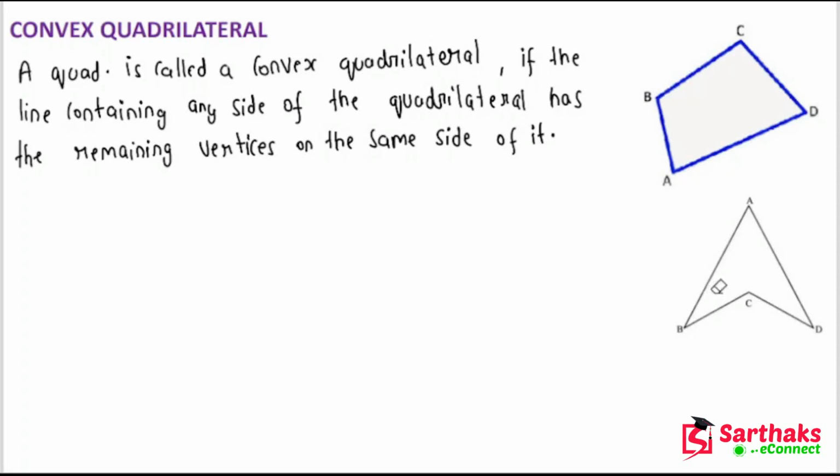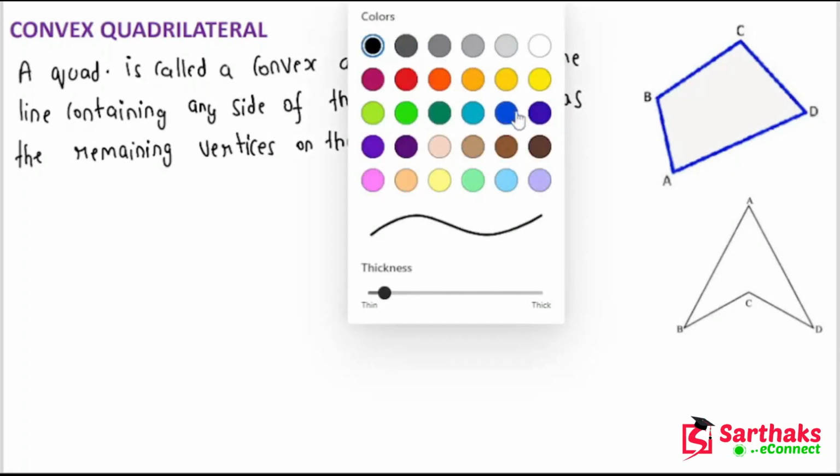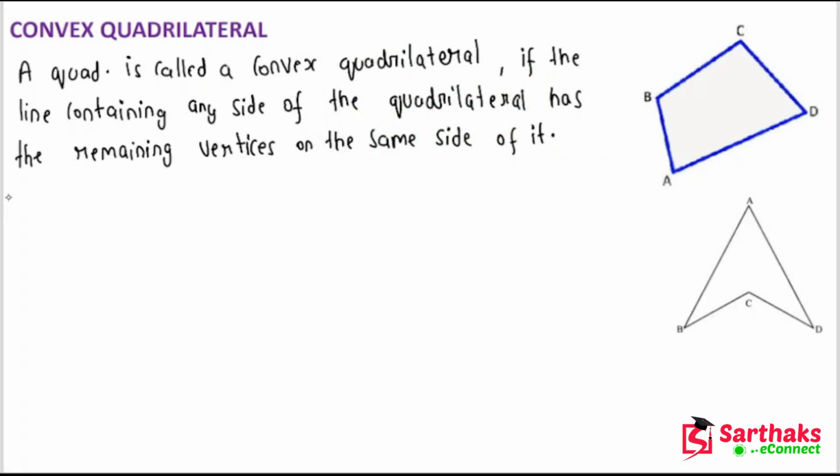So this was the definition, but you can also identify concave or convex polygon on the basis of some points. Let me show them. There are also some other points which can help you.